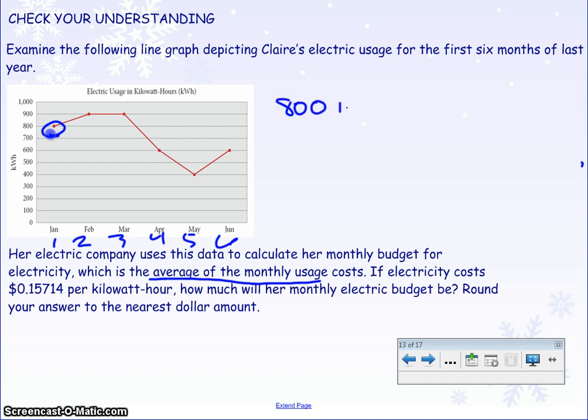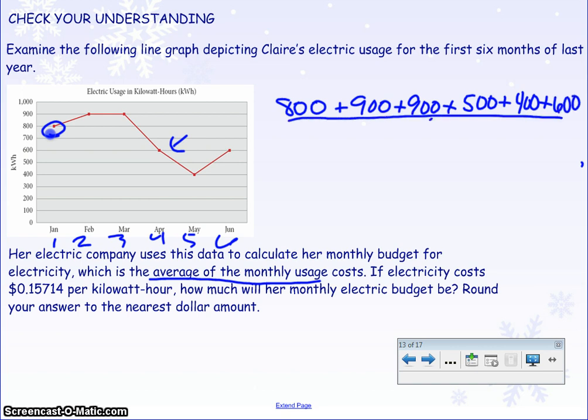The second and third months, February and March, she used 900. So I'm going to add those in. The fourth month, April, she only used 500. The fifth month, May, she only used 400. And then in June, she spiked back up to 600.